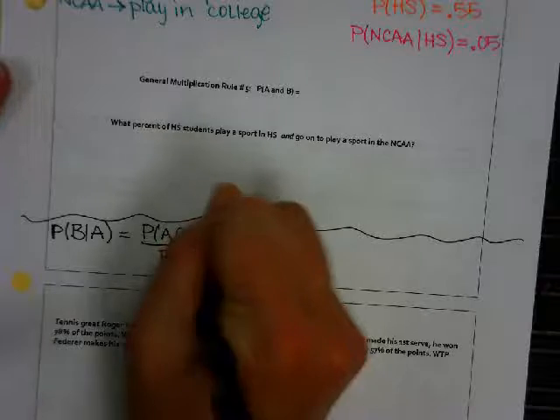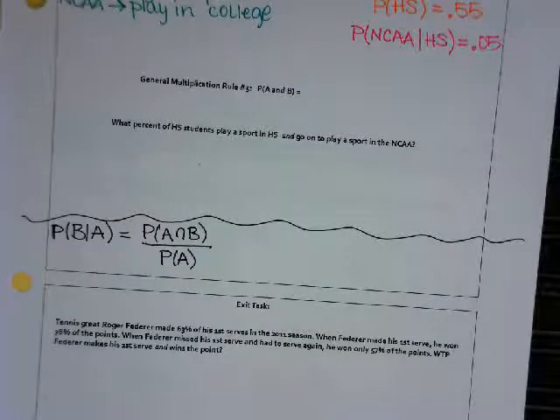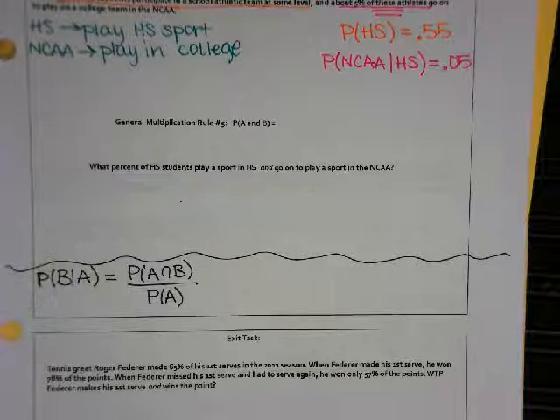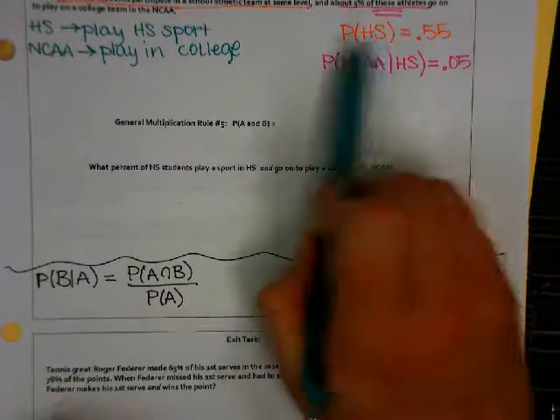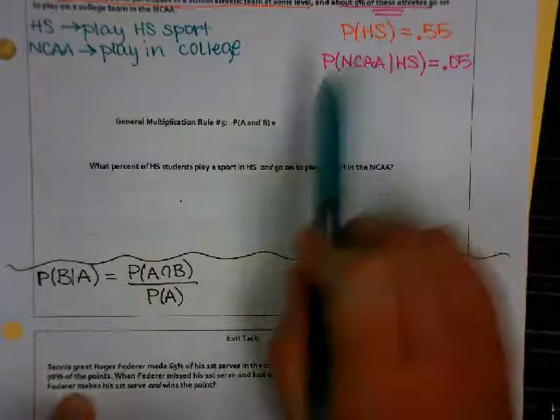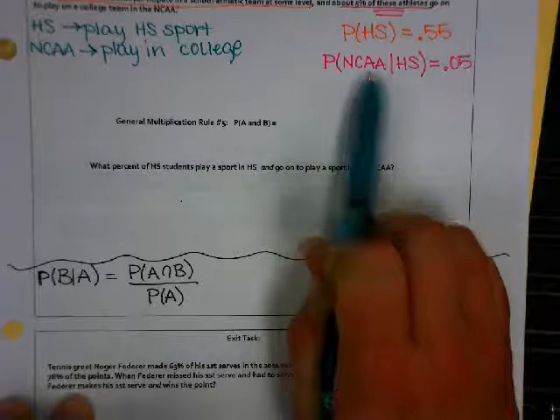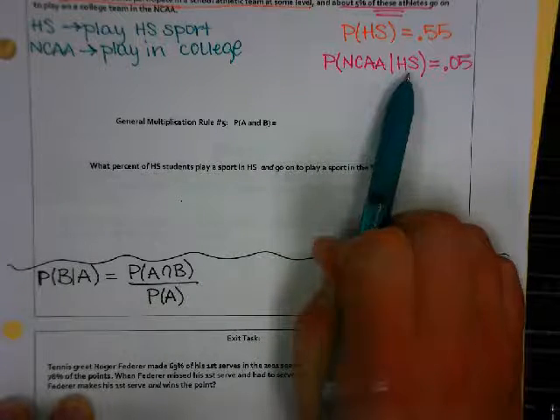So here I'm given 2 of the 3 and I'm asked to find the other one. So I'm given probability of high school and then the probability that they play in the NCAA given they played in high school. And I'm asked to find the probability that they played in high school and play in the NCAA.